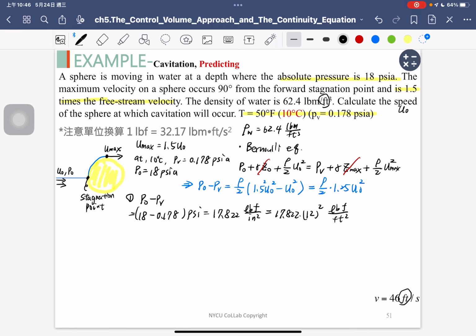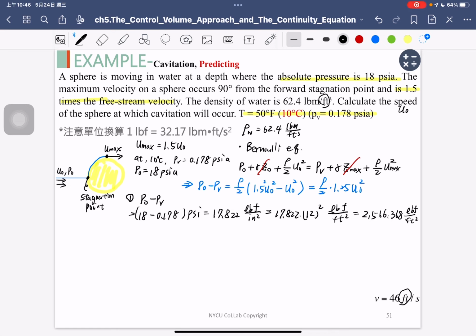Okay, so you can calculate the answer after we change the unit to the PSF. This is the PSF, 2566.368 pound force divided by the FT square.